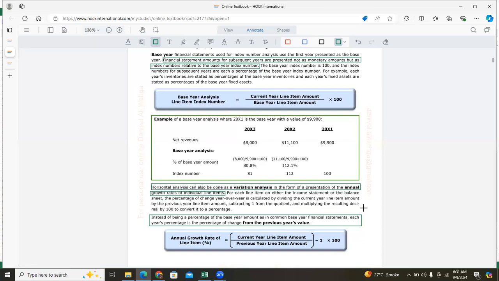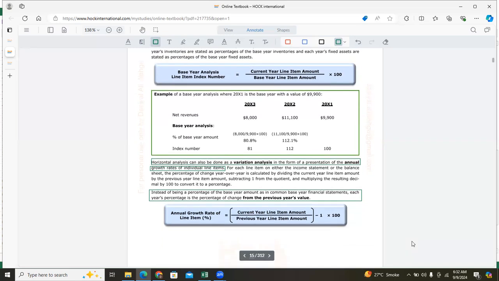For each line item, either on an income statement or the balance sheet, the percentage of change year over year is calculated by dividing the current year line item by the previous year line item, subtracting 1 from the quotient, and multiplying the result by 100 to convert it into a percentage. It explains the formula working and how this formula relates.